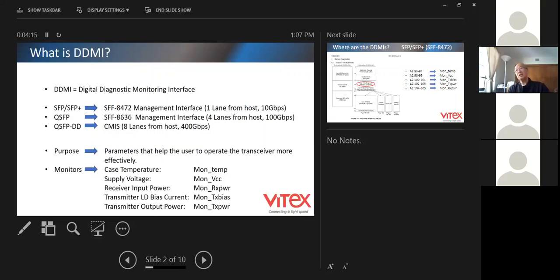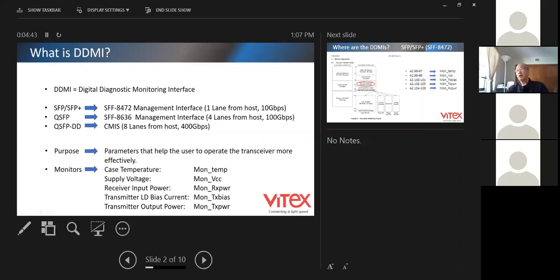At the beginning, there was confusion in the industry about what was meant by temperature, but I think we settled on case temperature. Everybody abides by this standard right now. The second one is supply voltage. The third one is receiver input power. The fourth one is transmitter laser bias current. And the last one is transmitter output power.